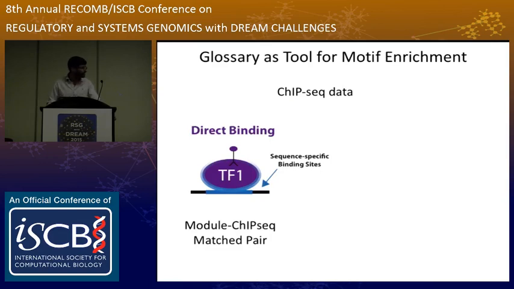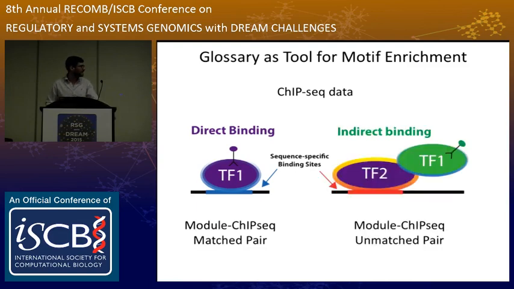And then we use this glossary as a tool for motif enrichment in genomic data. We started with ChIP-seq data, and there we recognize that there are two main scenarios we have to deal with. In one case, the motif predicted by the module is the same as the motif expected for the ChIP-seq, because there is a direct binding of the transcription factor chipped in the assay.